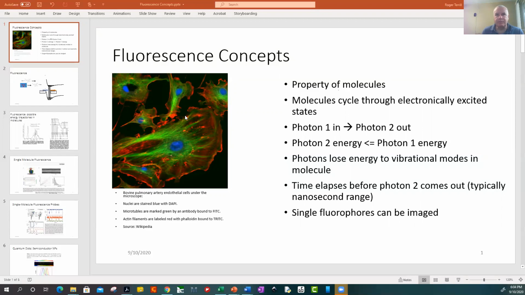And so this is a fantastic and fantastically high resolution image. I do not know if this image was taken using super resolution fluorescence microscopy or whether it's normal optical resolution.